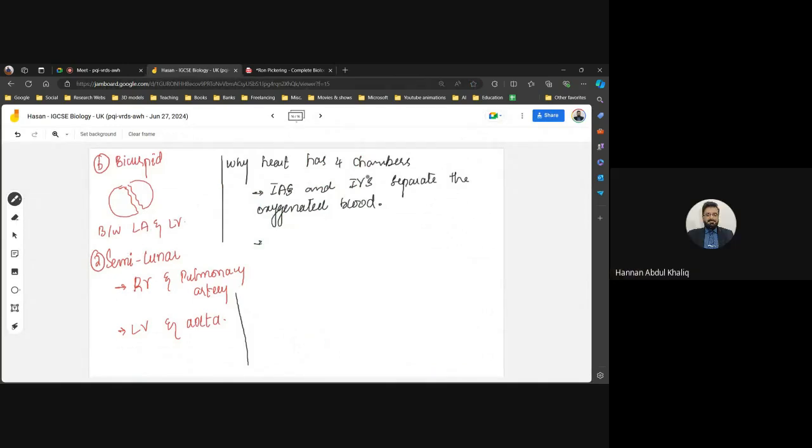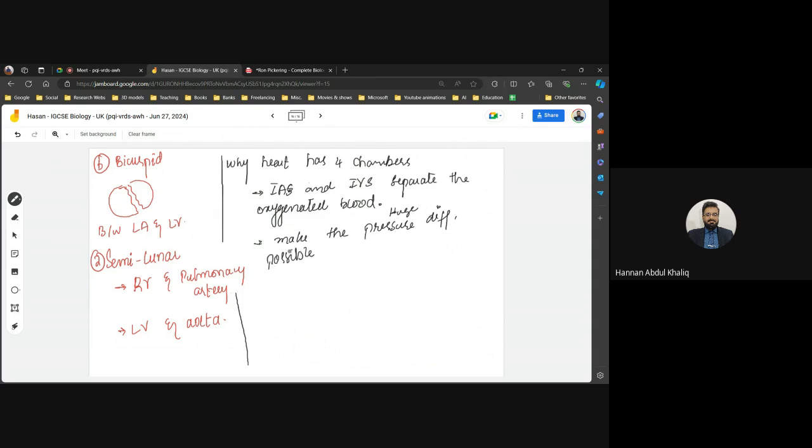Then the other purpose to make the heart into four chambers is to make a huge pressure difference possible. Why? How?